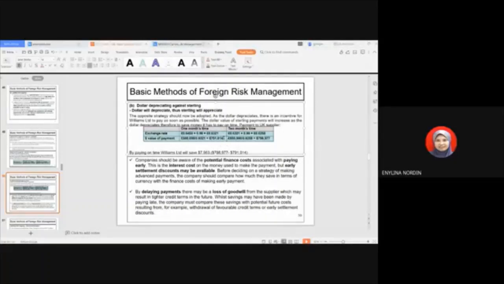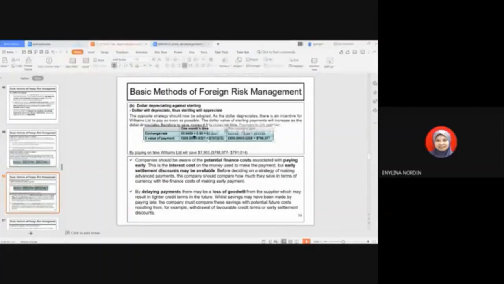So this is the amount that the US company has to pay when the pound sterling is expected to appreciate.